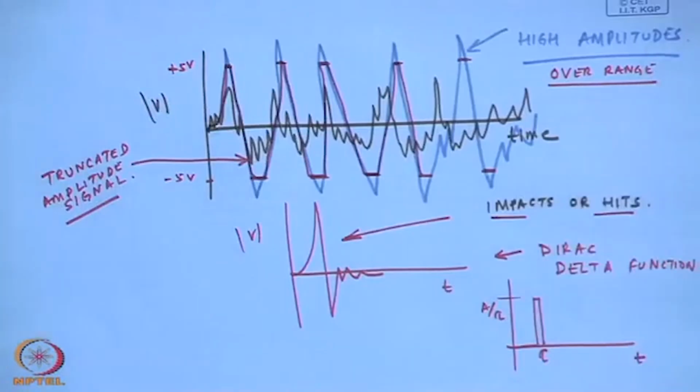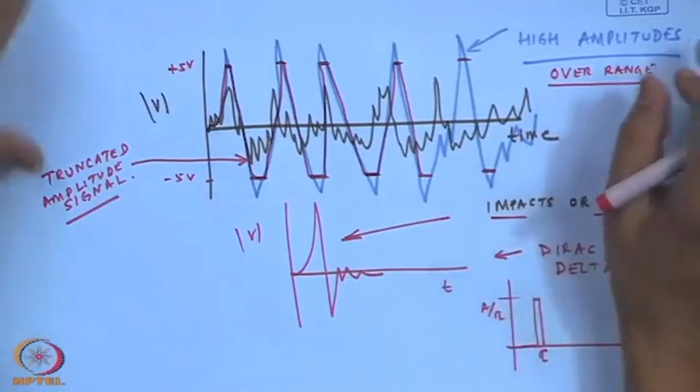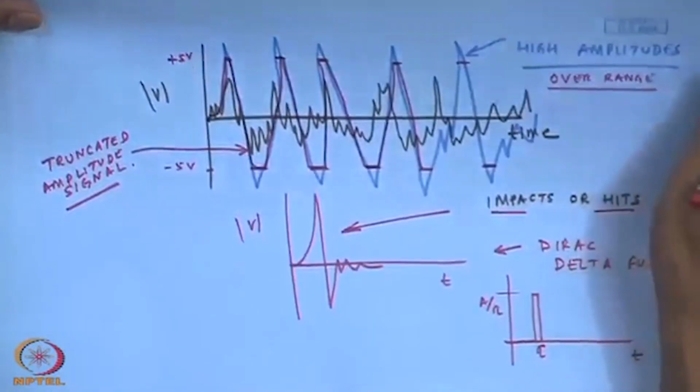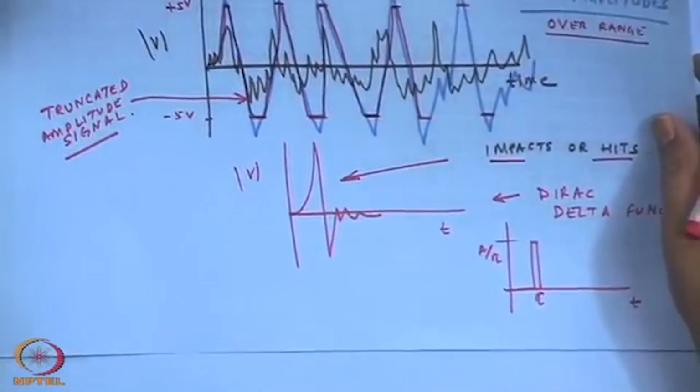Such a signal will appear in the time domain where you are measuring, because of the impacts or impulses which occur due to looseness.